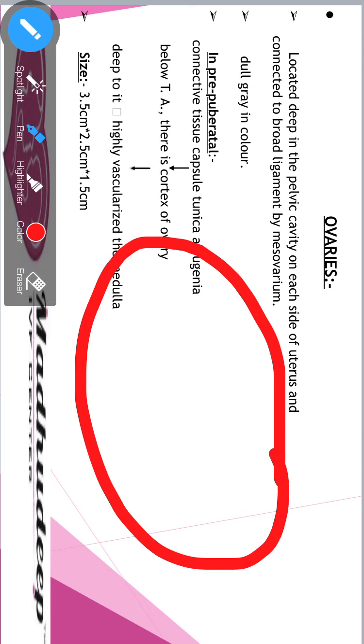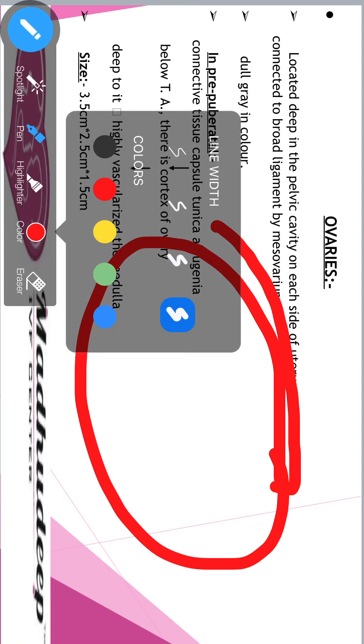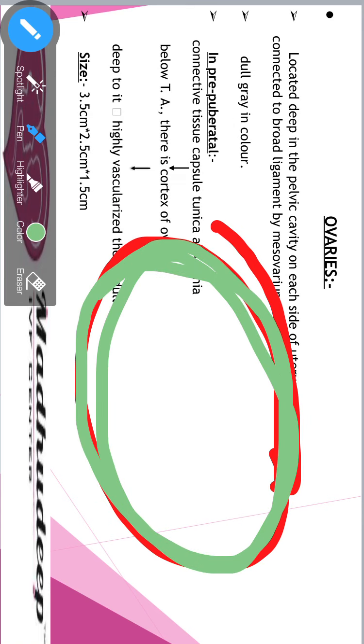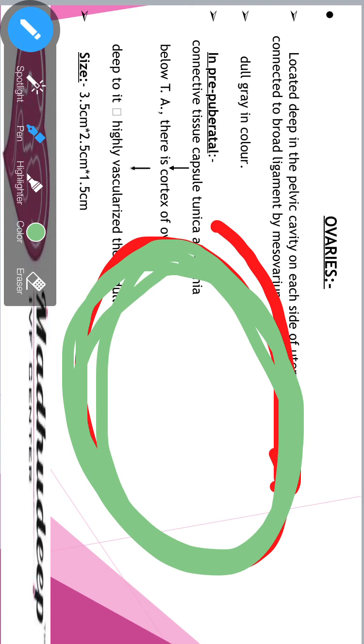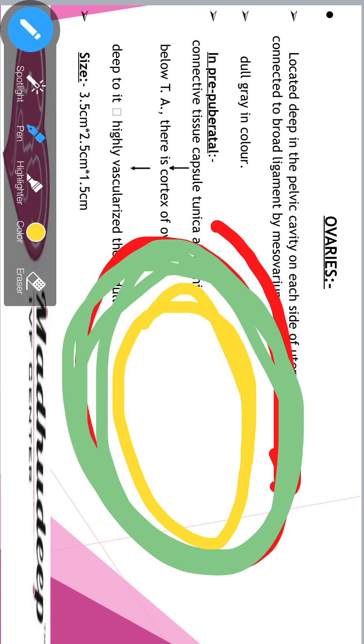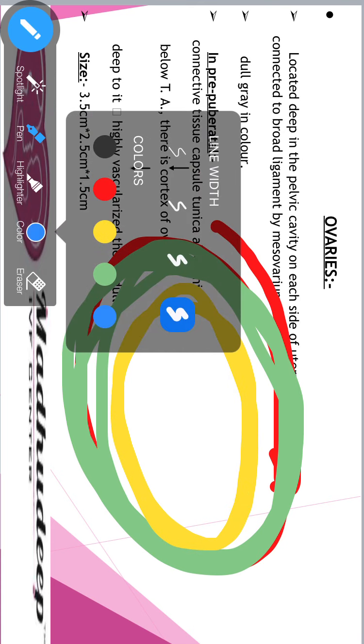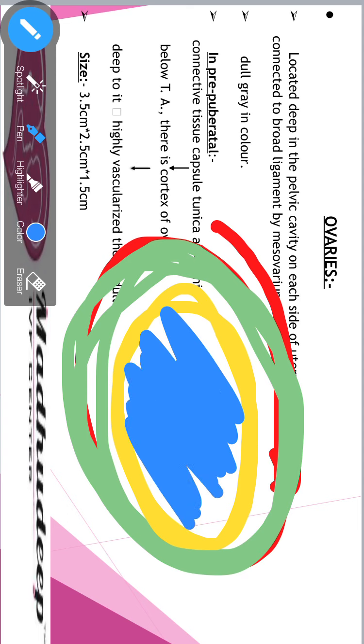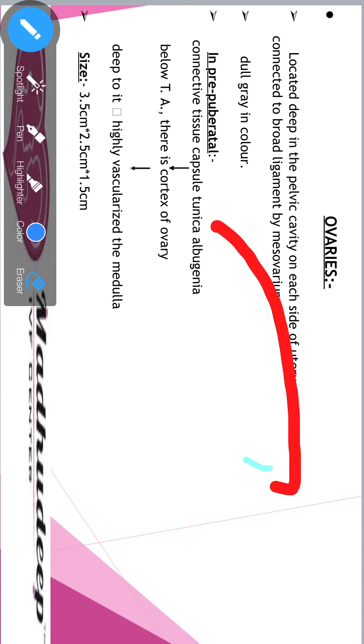The outer covering is called tunica albuginea, which is only present in the pre-pubertal stage. Then below this there is a cortex, and inside there is a medulla. So three layers: outer is tunica albuginea, then below there is a cortex, and inner is medulla.